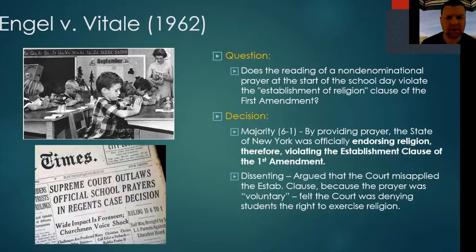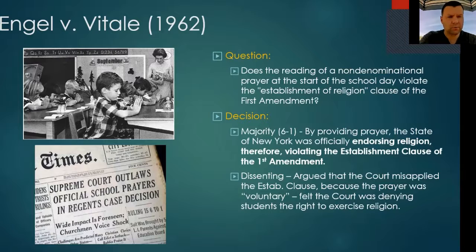Well, the majority, 6-1, so a heavy majority here, agreed that in public schools, having this voluntary prayer time officially was violating the Establishment Clause. There was too much connection between the school, which is a part of the government, and religion.